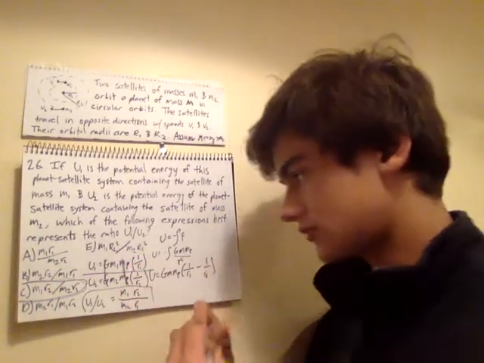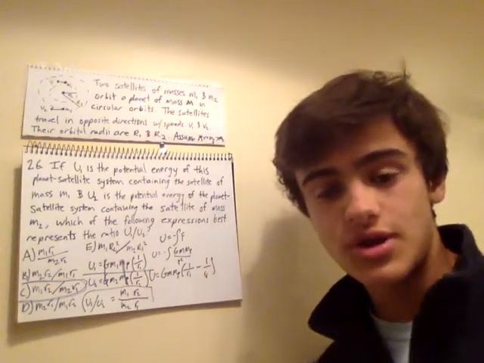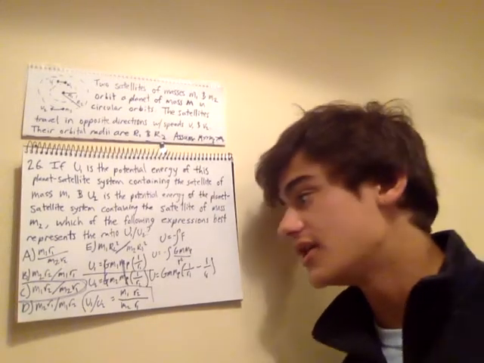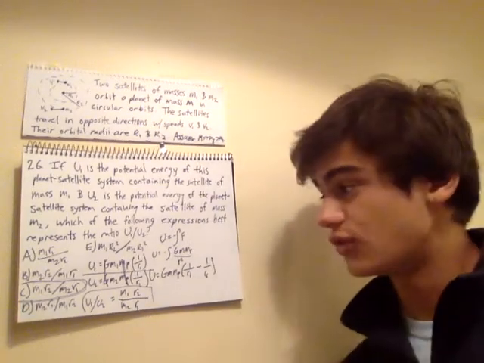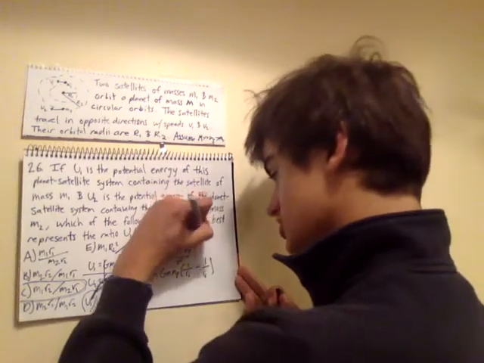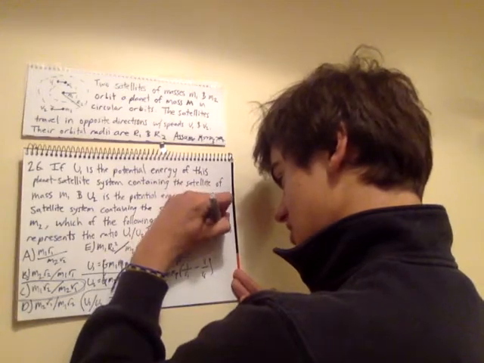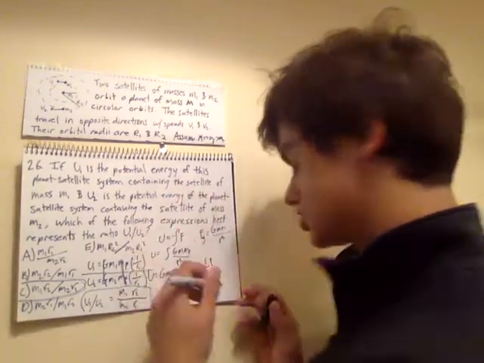So to solve this problem, we use potential energy U is equal to the integral of force. And then from there, we know that our force is the force of gravity, which is G M over R squared.